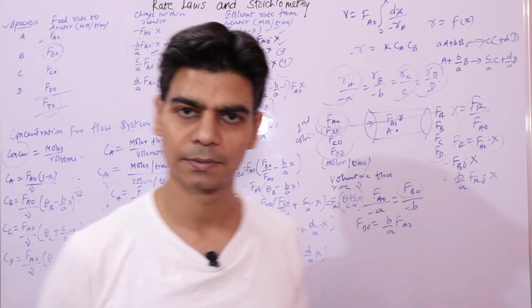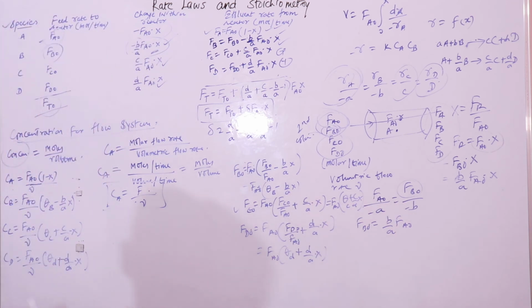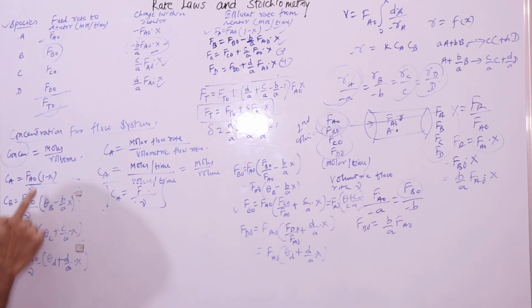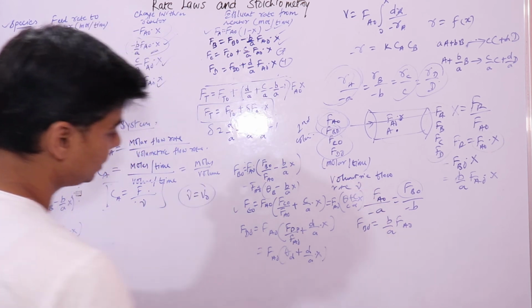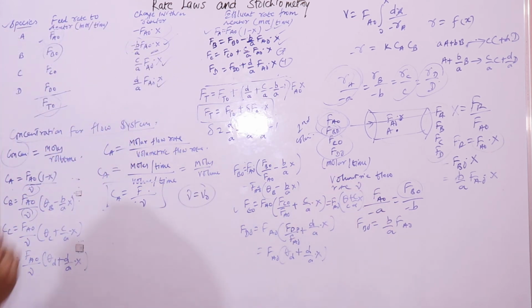So since there is no volume change, the volumetric flow rate is the same for all reactants and products, so nu is equal to nu 0. We will replace it with nu 0, right.